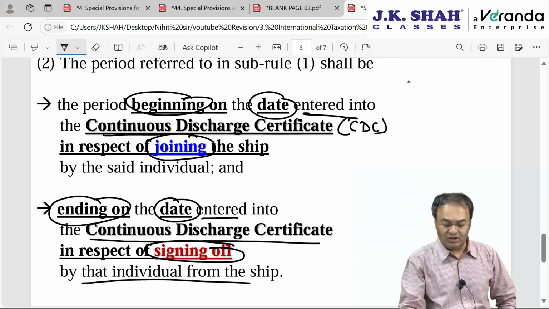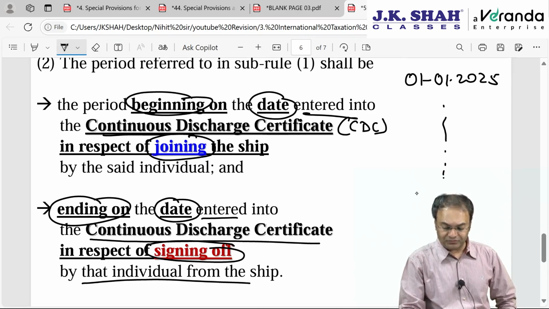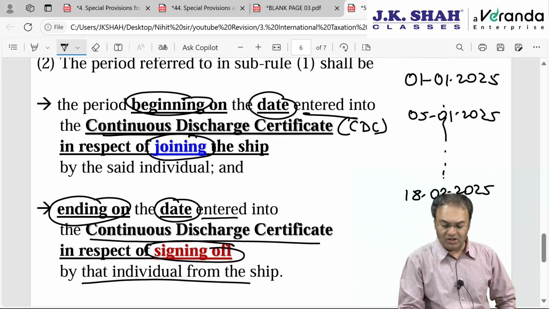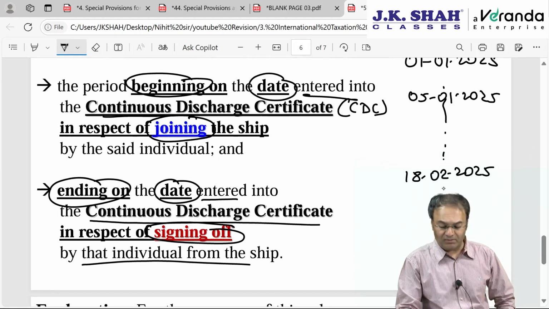Suppose the ship starts its journey from India on 1st January 2025 and the ship returns to India on 18th February 2025. As far as crew members are concerned, they enter the ship on 1st January 2025, and the ship arrived back in India on 18th February 2025, but the crew members came out of the ship on 23rd February 2025.